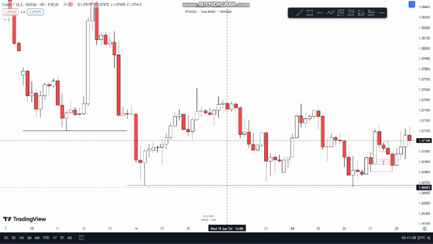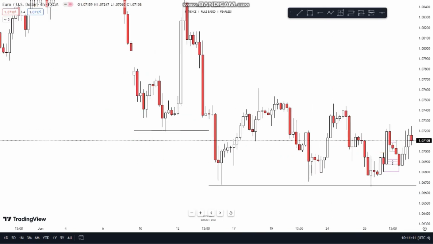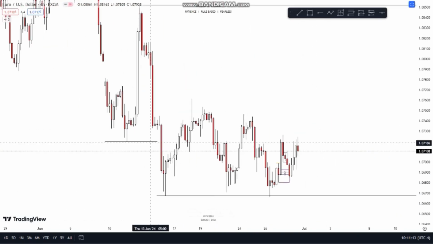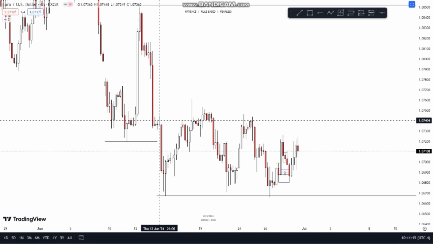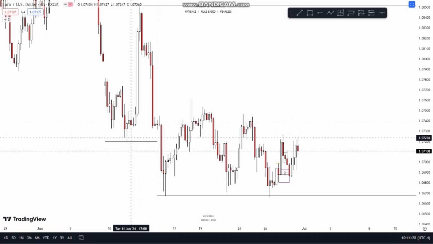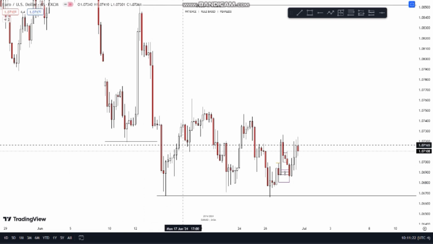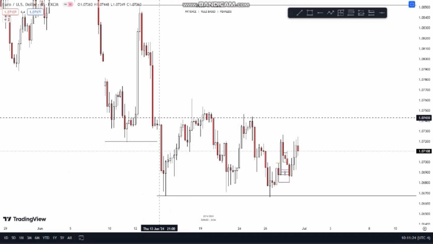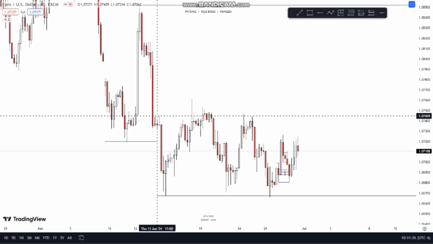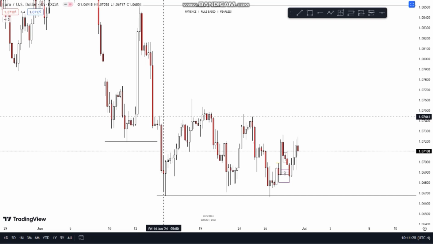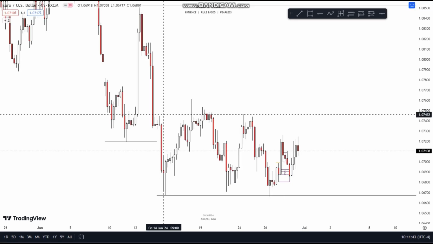So let me show you guys something here. Did you see that after that daily broke structure, price didn't respect this 4-hour supply zone? Did you see it? Daily broke structure here, started to make the retracement and liquidate this 4-hour high. This is what I'm explaining to you guys about internal liquidity.